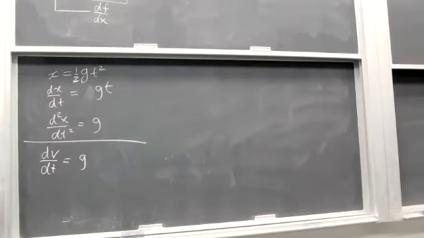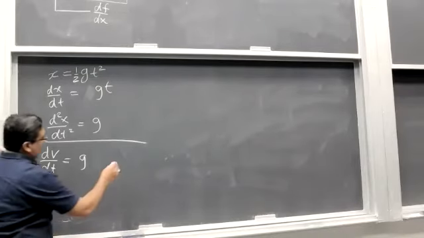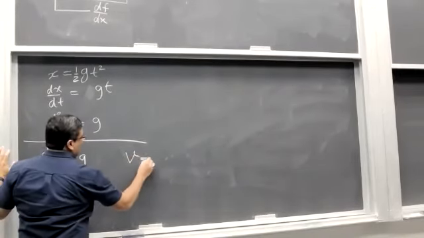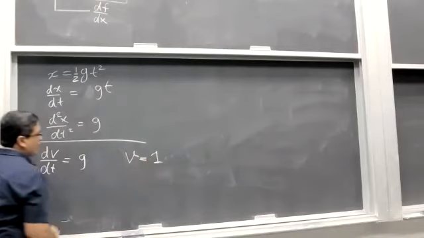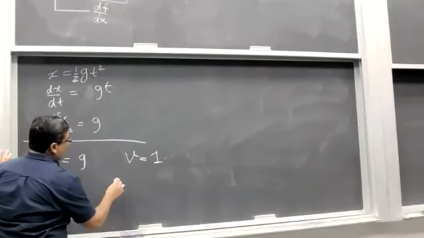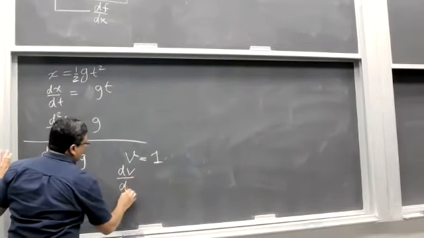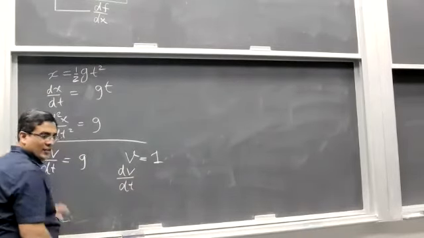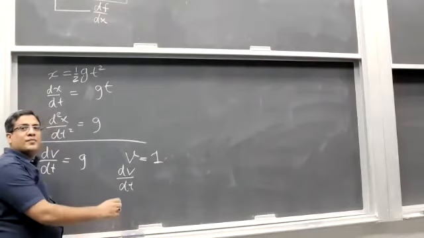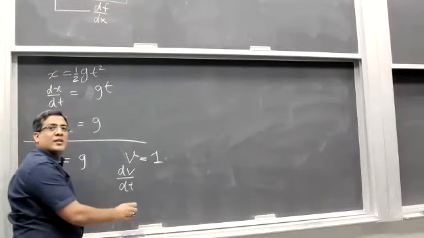Okay, so now this is the guesswork. We try to guess a solution, a value of v, and then take the derivative and try to verify. So let's guess the value of v to be 1. Let's take its derivative, dv over dt. What would be the answer? 0.